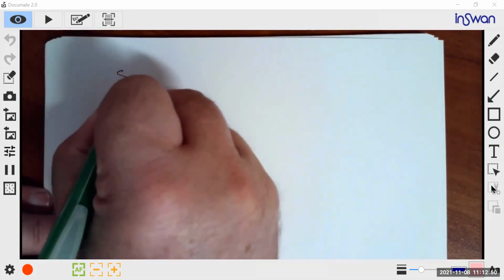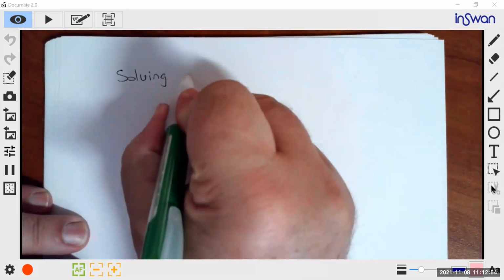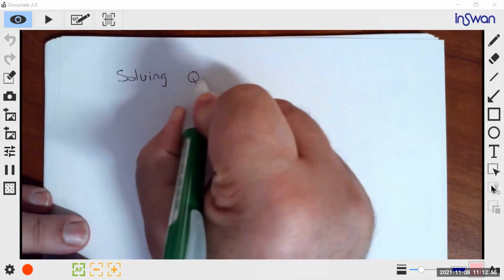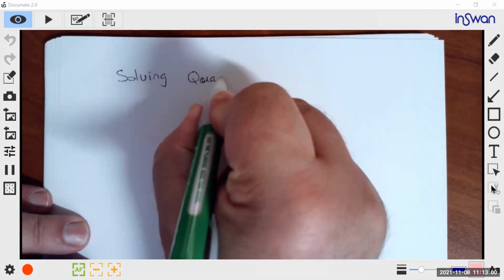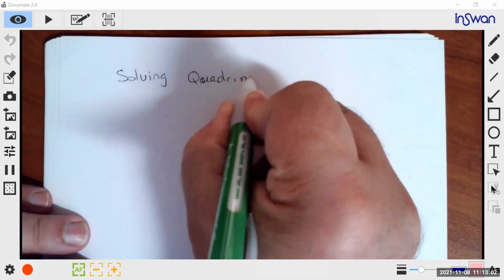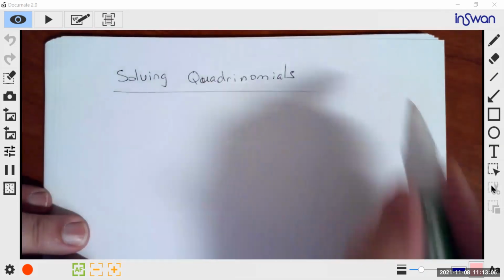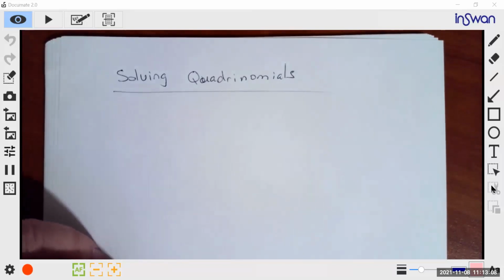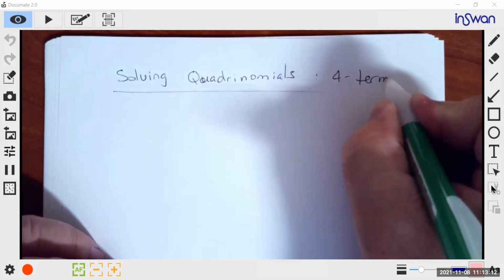Okay. Solving quadrinomials. There are equations with 4 terms.